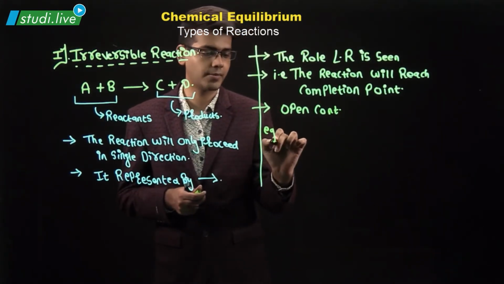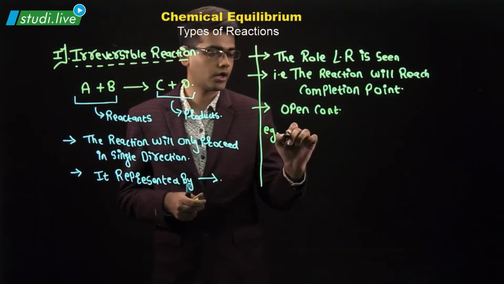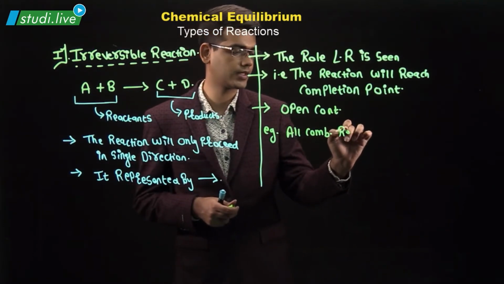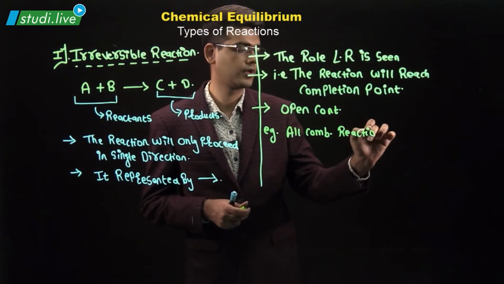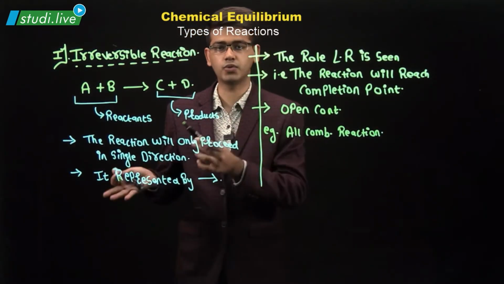If we talk about some examples with respect to irreversible reaction, all combustion reactions are nothing but examples of irreversible reaction. We cannot reverse the combustion products into the reactants.